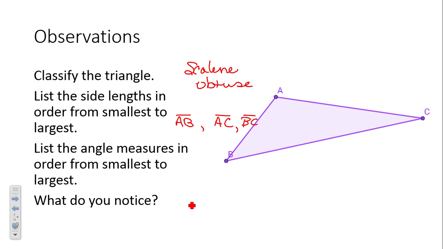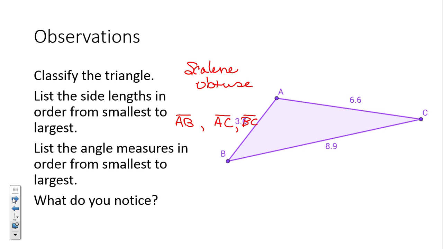Okay, everybody ready for the reveal? Oh, we got it. AB was the smallest. AC was the second smallest, and my largest side was BC. Okay, so you know this intuitively, you can see it. Okay, now, which is my smallest angle?